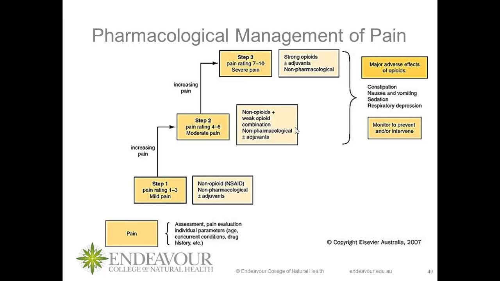We do stress that with Western pharmacological management of pain, it has to be stepwise. The aim is to manage the pain so the patient will recover better, recover function, activities of daily living, better control over their lifestyle, but often that might need to be in conjunction with a complementary therapy.